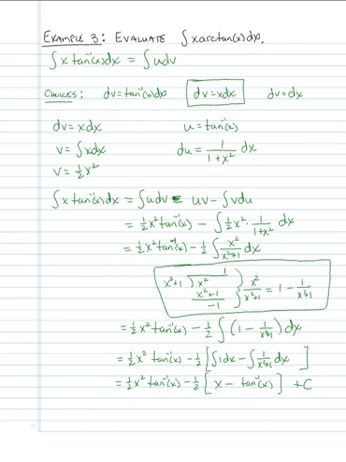Now, we could clean this up quite a bit by distributing that negative 1/2. So let's do one more line here. We have 1/2 x squared times inverse tangent of x. Now, negative 1/2 times x is minus 1/2 x.